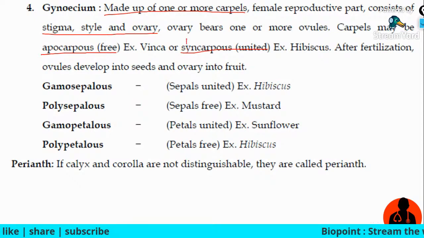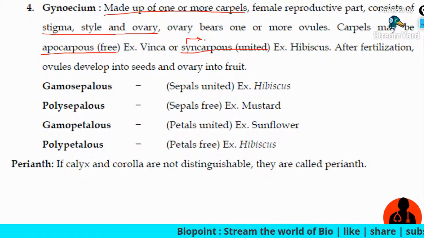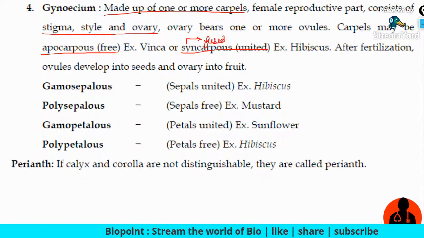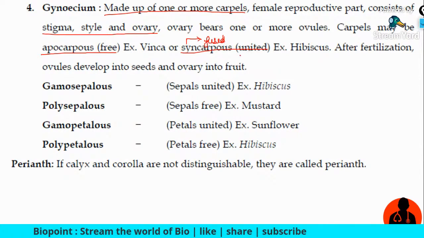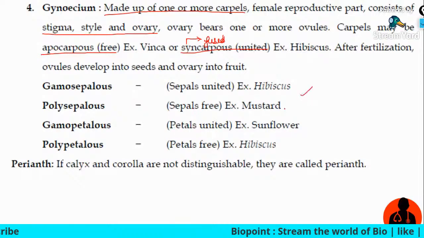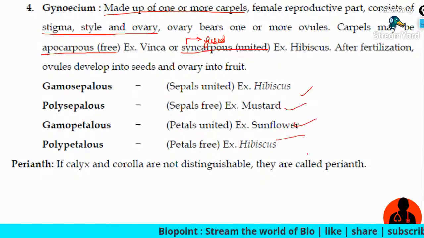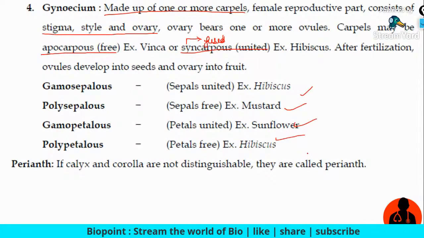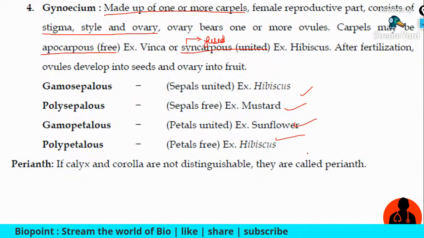Guys, just remember over here: syncarpous, syngamy, syncarpous. Just use the code. Syncarpous means fused. So in syncarpous flowers, the parts are united or fused. Study this particular thing; it is very, very important. Gamosepalous, sepals are united, as in hibiscus. Polysepalous, sepals are free, as in mustard.